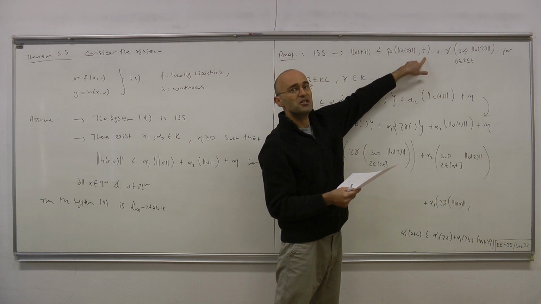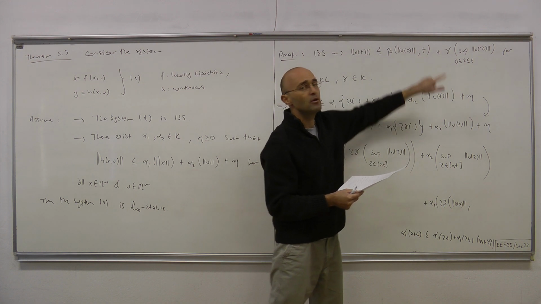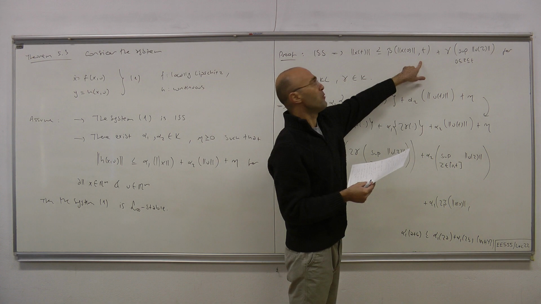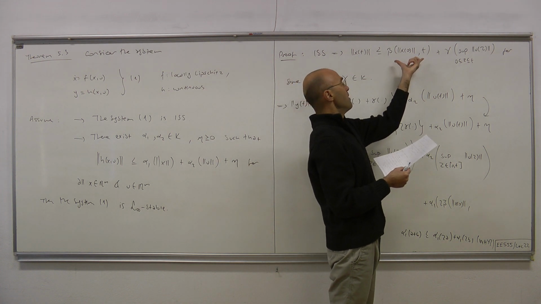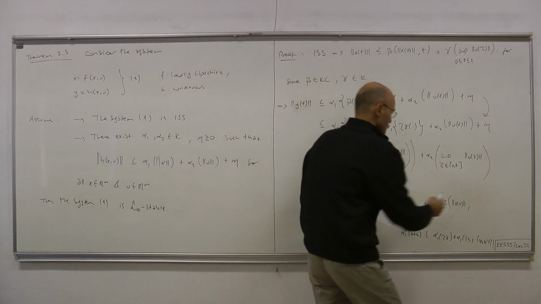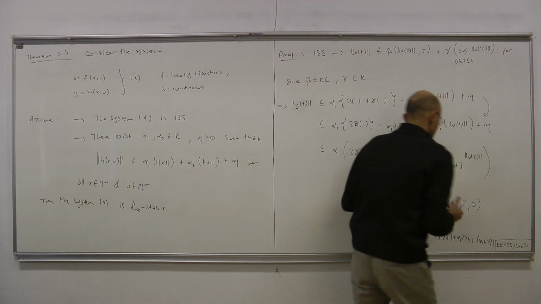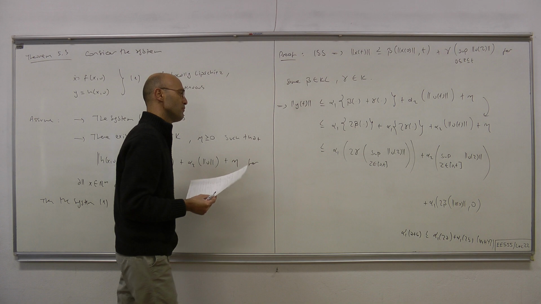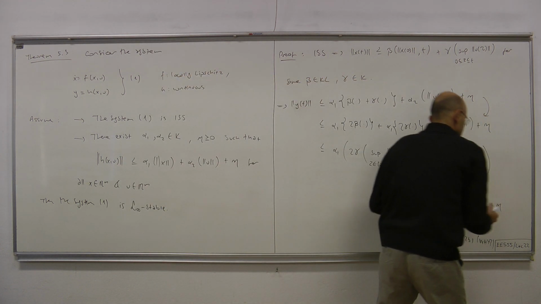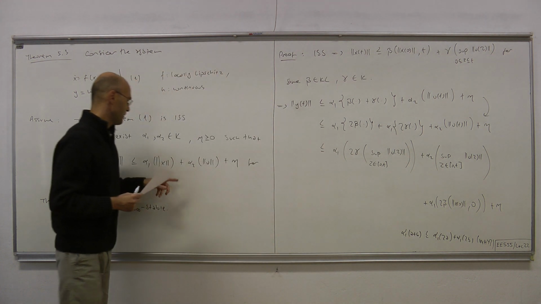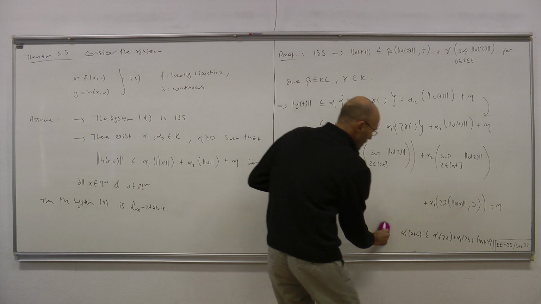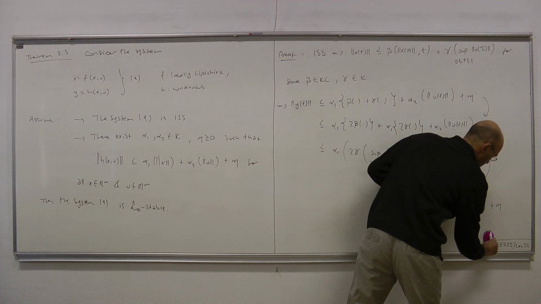Now since it's non-increasing with respect to its second argument, this thing is always upper bounded by the value of that function at the smallest possible t, which is 0. Therefore instead of t you can put a 0 here, so that becomes a constant instead of a function of time. And plus eta, which comes from this assumption here. And we're done.